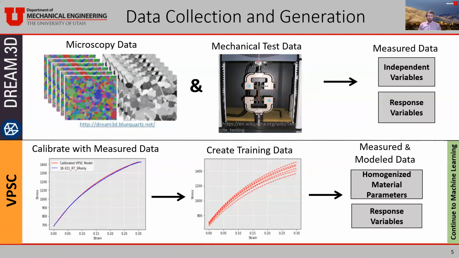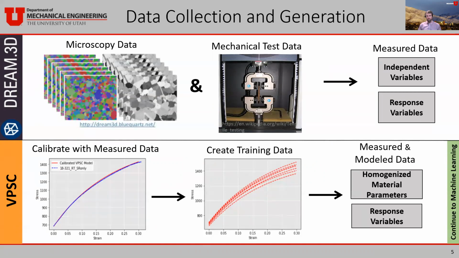The texture was given as a set of Euler angles, which corresponded to each grain. With that microscopy data and the mechanical test data, we were able to calibrate the viscoplastic self-consistent model developed by Los Alamos National Labs, and then propagate uncertainty forward in order to create training data for GPSR.